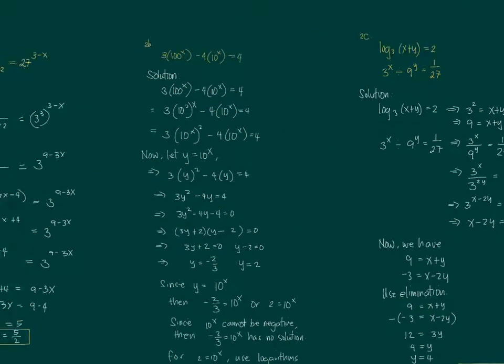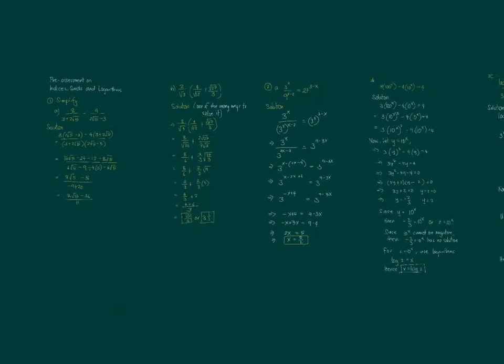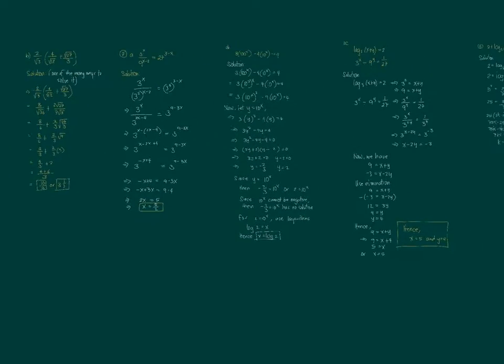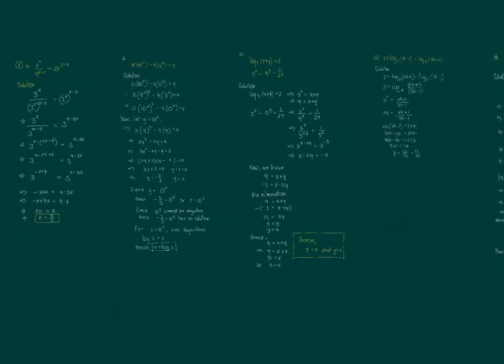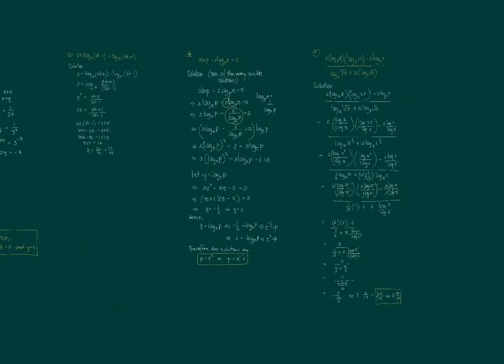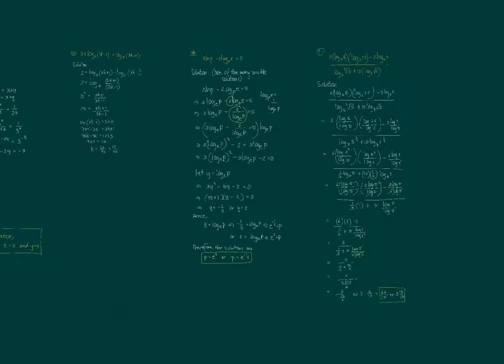We had 4 different skills: one with the surds, the second with exponential equations, the third with logarithmic equations, and finally some extended idea on logarithms, by using the change of base formula.